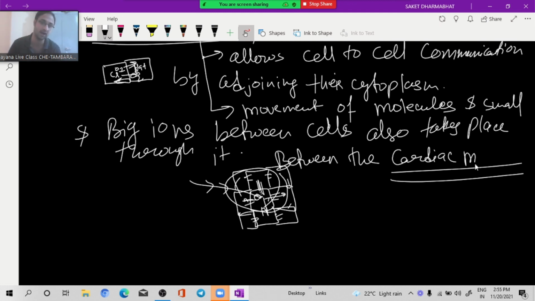But in the case of a cardiac muscle cell, if one cell is getting the electric current, the other cells which are in contact with that cell will also undergo contraction. The flow of electric current will be equally distributed by this. Electric current is received by only one cell, but that cell is in contact with some other cell through what?